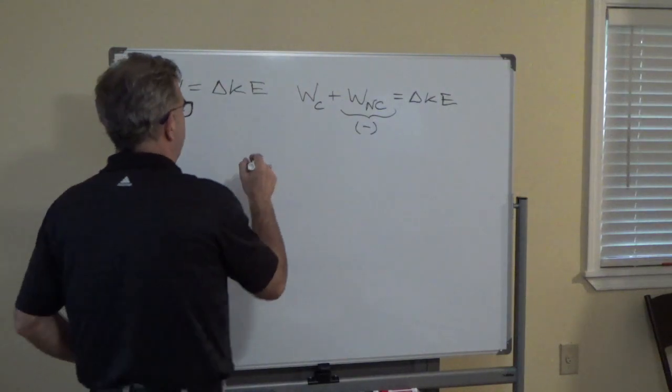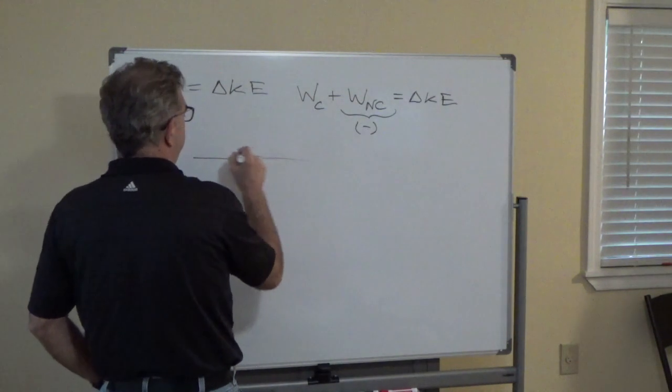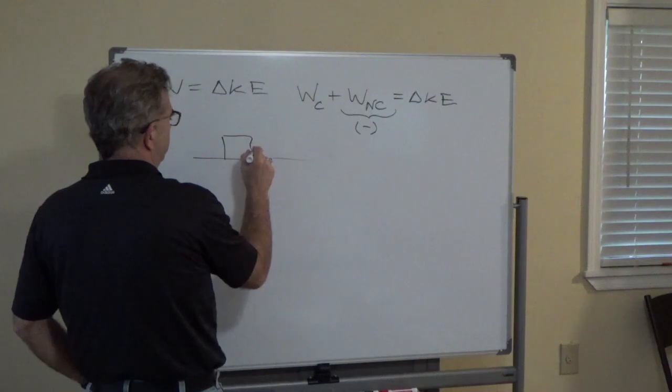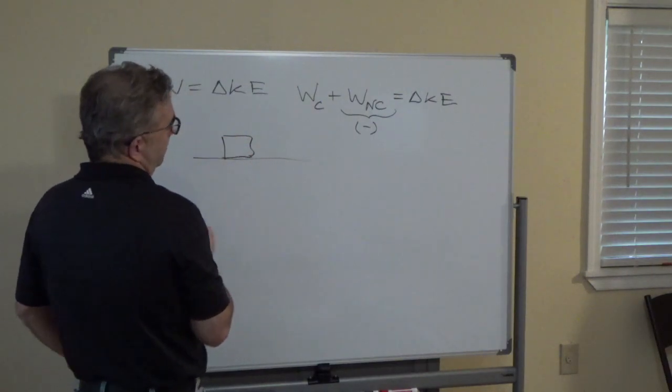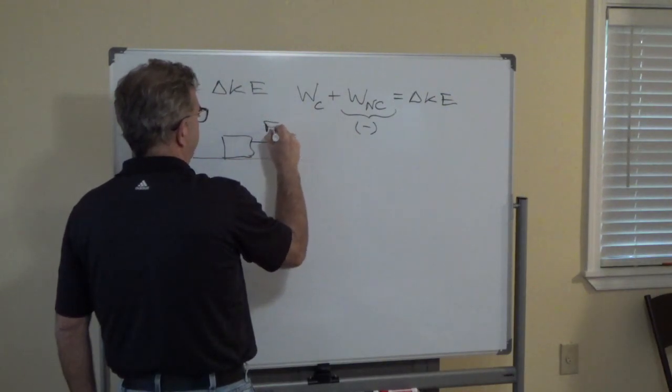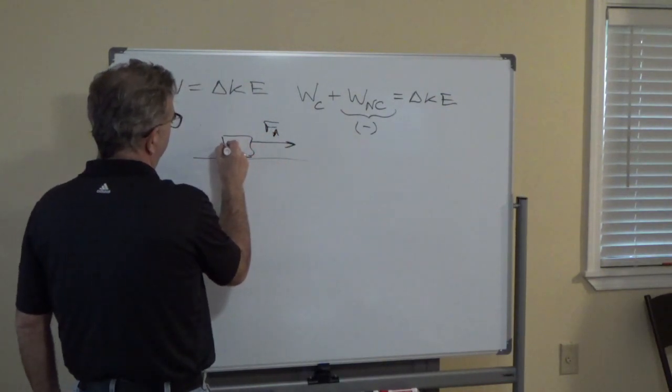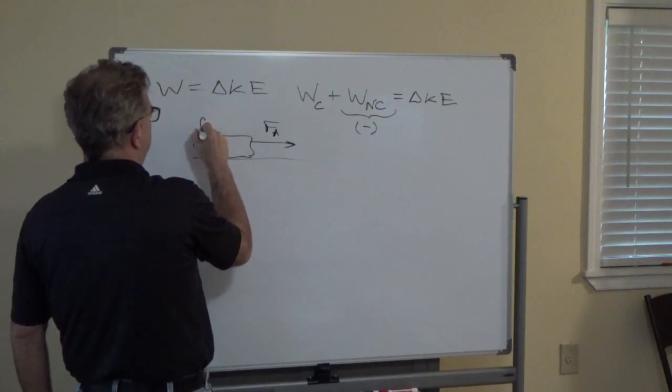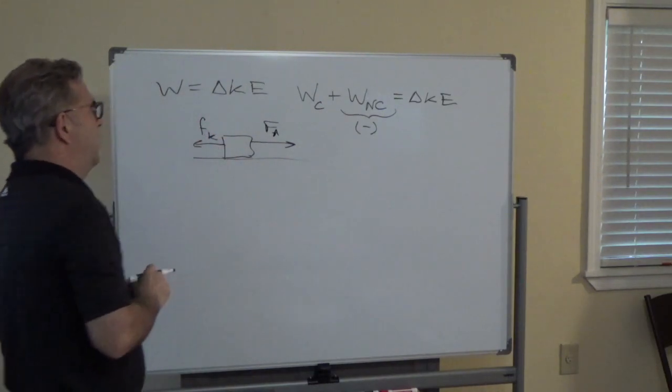In other words, let's say you have an object that is sliding along a flat surface. Here's an applied force, and here's the force of friction, kinetic friction, okay?